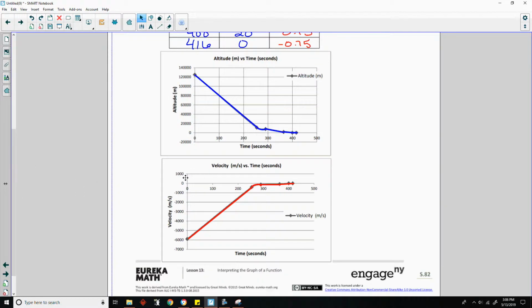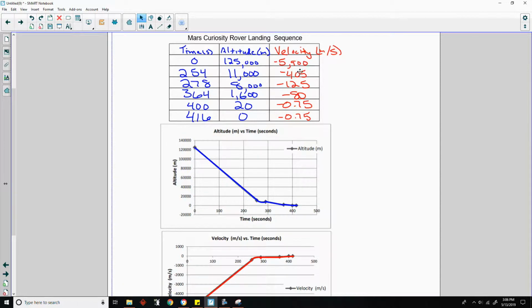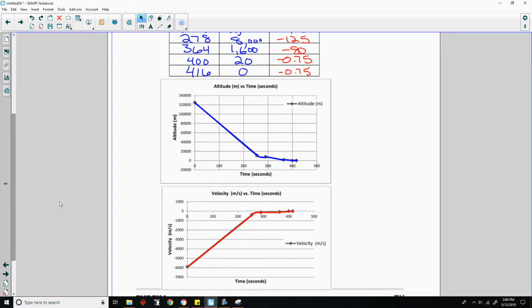But in the velocity graph, as time passes, the velocity is decreasing, and it's decreasing from negative 5,900 all the way down to negative 0.75. So it doesn't ever get right to the 0 timeline axis. But as you can see, as time goes by, the velocity is getting closer and closer to 0.